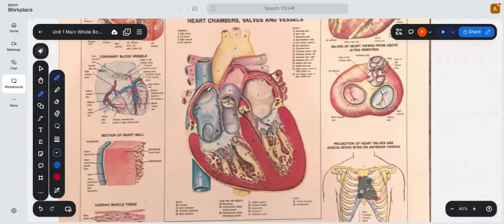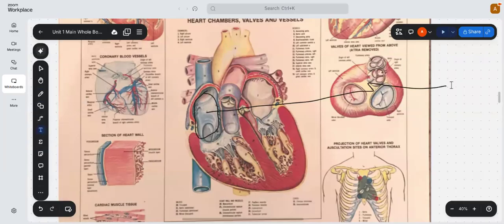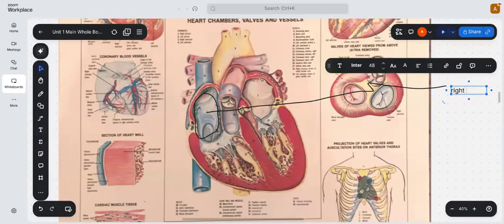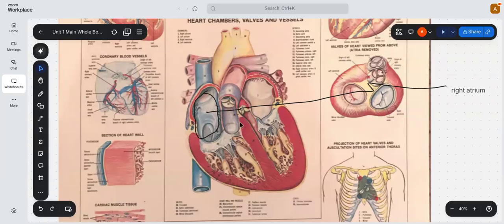So over here, this first one, this is going to be your right atrium. So if I draw a very long line over here, mind my very unstraight line, but this over here is going to be your right atrium. And then it is going to go into your right ventricle.